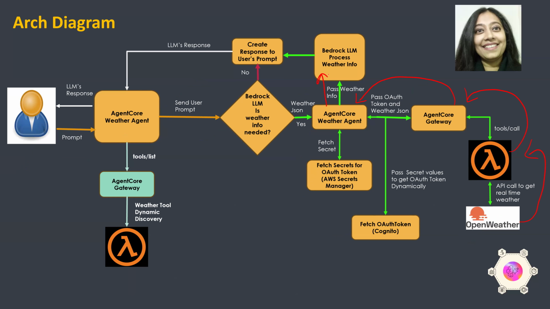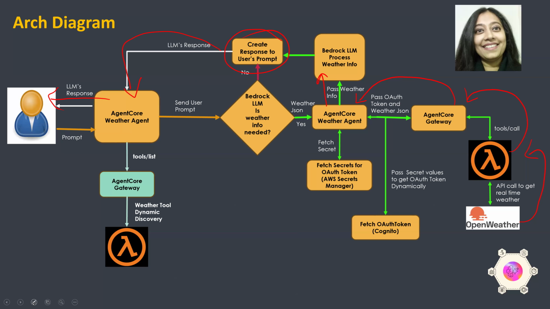This LLM again will process the weather info, will basically see that, hey, using this weather info, can I now create a response to the user's prompt? And the answer would be yes. So it will create a response to the user's prompt, send that response back to our weather agent, and the agent will send that response back to the user.